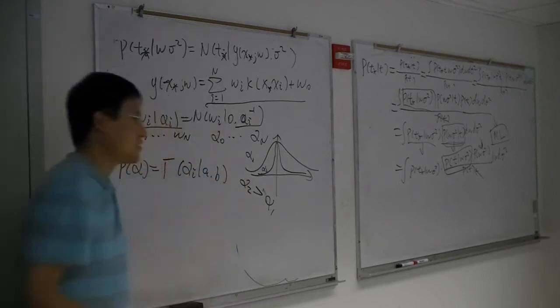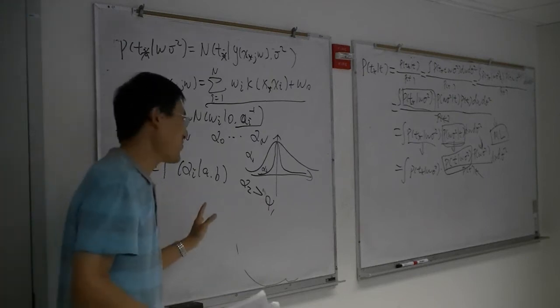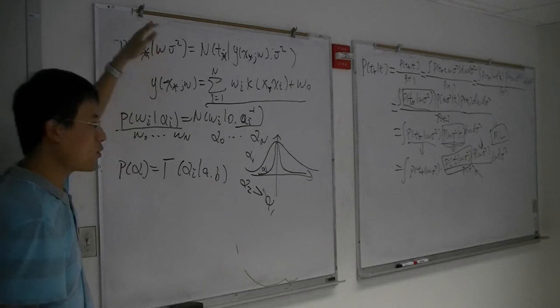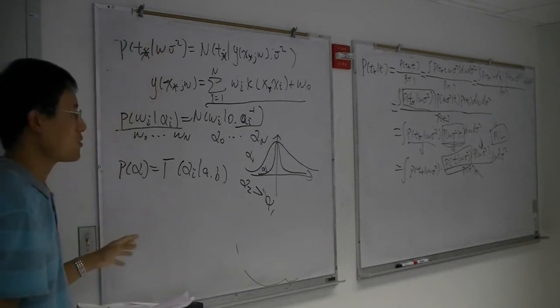Here A and B are another two parameters to make sure the value of alpha is very huge.